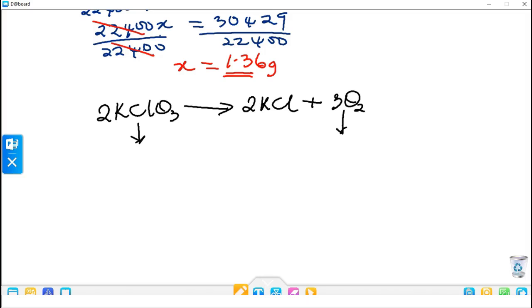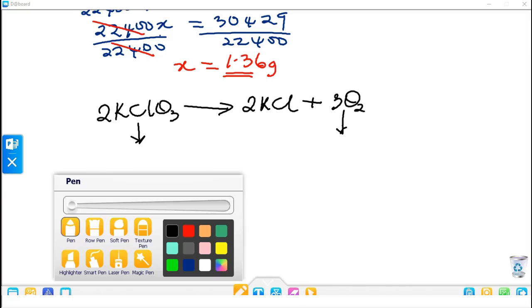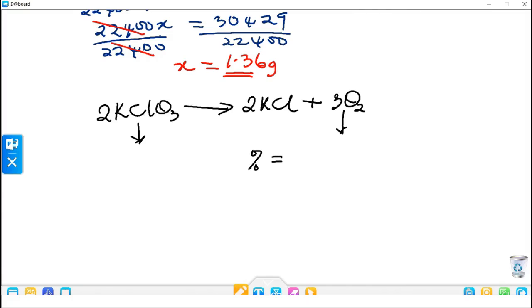Like we've been seeing before, to calculate the percent yield of oxygen, we have been told that percent yield is simply actual yield (AY) over theoretical yield (TY) times 100.